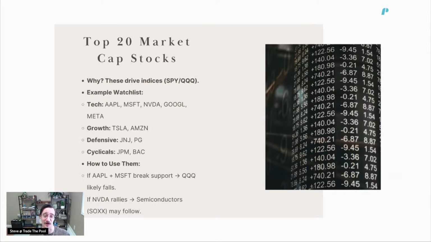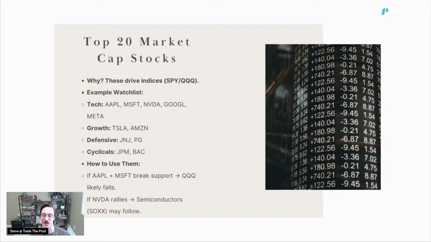So top 20 market cap stocks. Why are these important? They're important because the ETFs are built off of their components, and they're weighted based primarily on these top 20 stocks. So sure, there's another 480, but let's be real. We don't really care about number 465 or whatever, we care about the big boys.